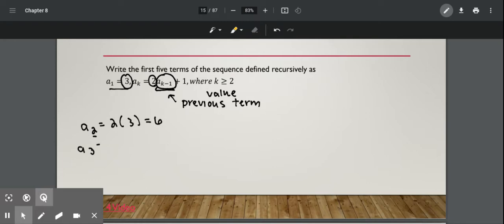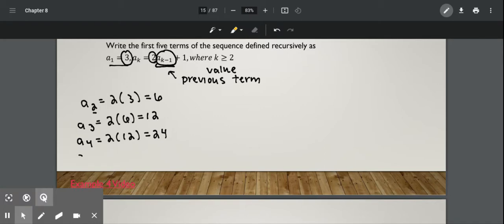For the third term, we keep the 2, but now we plug in the value of the second term, the previous term. So 2 times 6, and we get 12. The fourth term would be 2 times the previous term, which is 12, so you get 24. And then the fifth term, we have 2 times 24, which gives you 48.